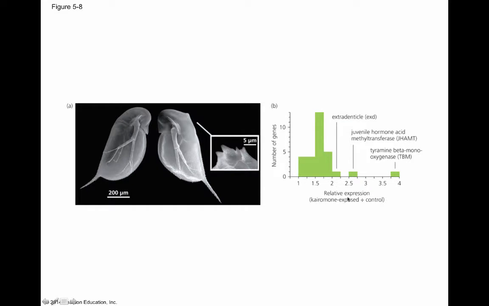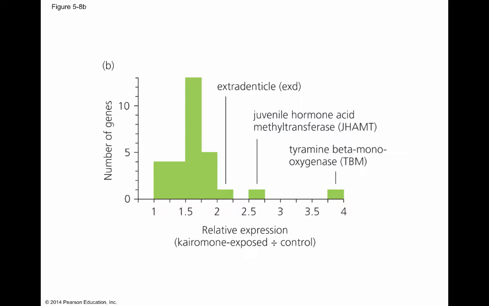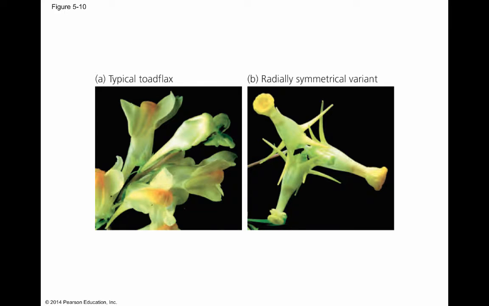As soon as they sense this, essentially fish spit, a number of genes are expressed to induce the expression of these protective structures on their back to keep them from being quite so tasty to fish. All right, so that's an important form of variation.